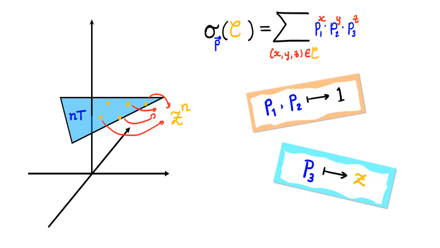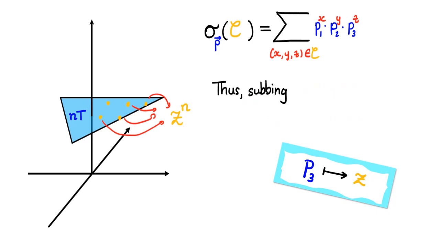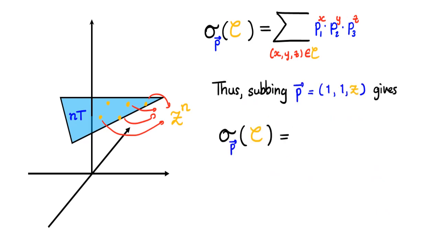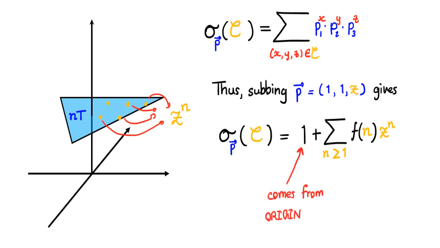Therefore, the coefficient of z to the power of n in the resulting sum will be the number of lattice points in n times t, which we denoted by f of n. We can write it concretely like this. Here, this 1 right here comes from the origin, whose corresponding expression is this.